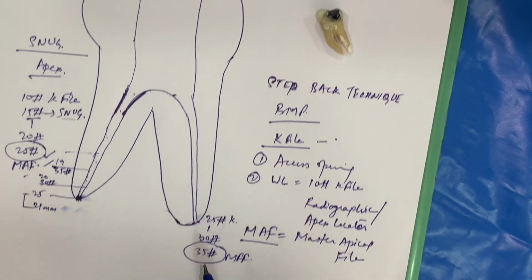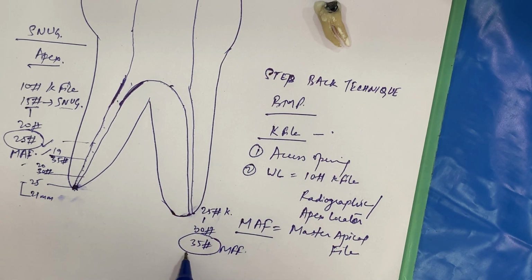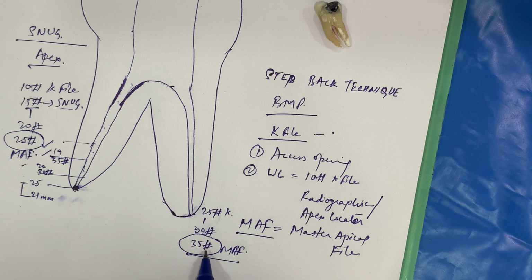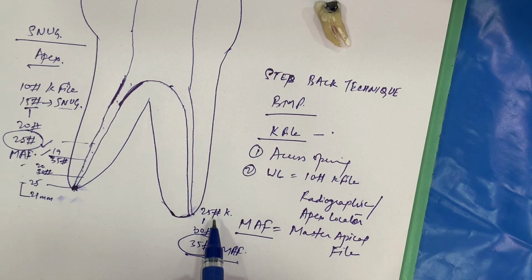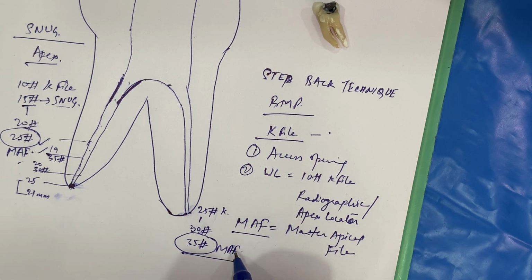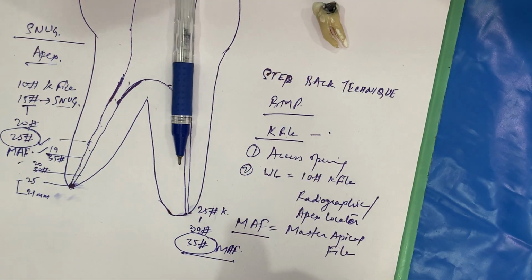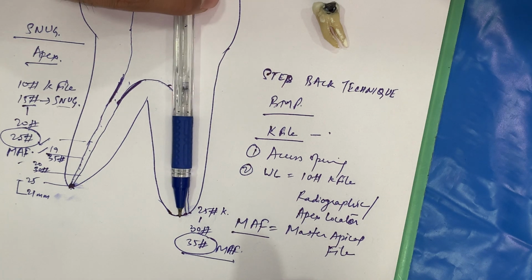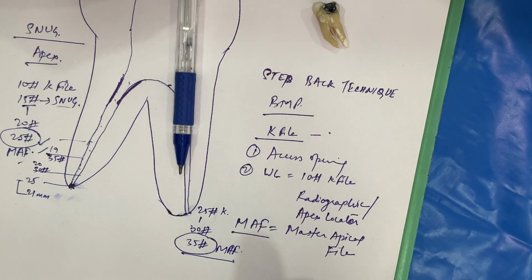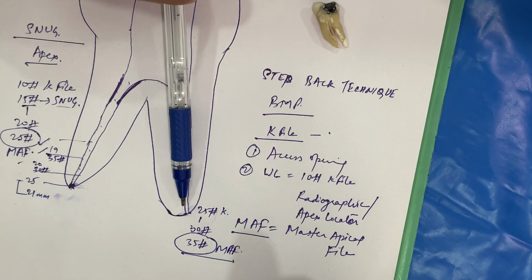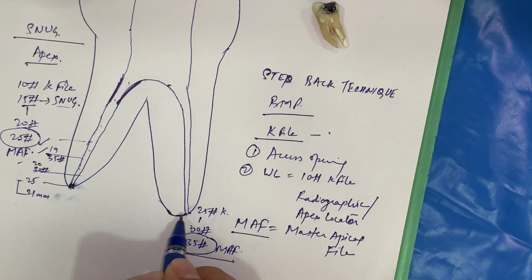We will be enlarging our apex two sizes from 25, that will be 35 number, and that will be our master apical file. We will gradually insert the files in increasing diameter, and we will enlarge the apex till 35 number K file.